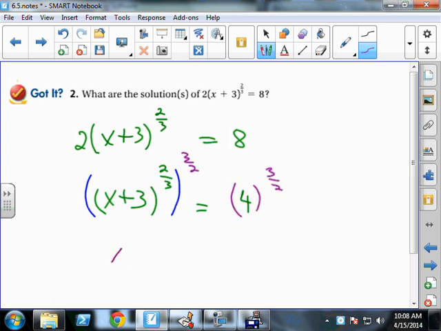So then I get x plus 3 on the left. On the right, I get 8, and so I get 5 for the solution. 5 plus 3 is 8. 8's third root is 2. 2 squared is 4. 2 times 4 is 8. That one checks out. So we haven't seen any difficult ones yet. These are the simple ones.